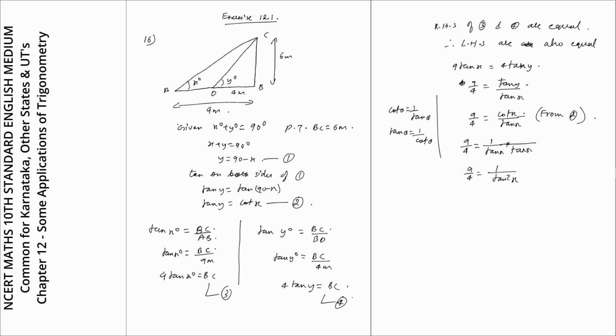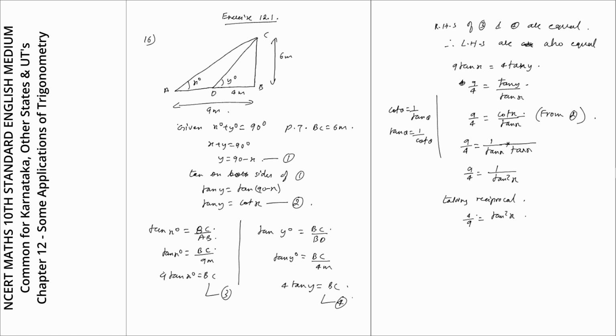Now if I take reciprocal, I will get 4 by 9 is equal to tan square x. Taking reciprocal means bringing the numerator to the denominator and the denominator to the numerator. Both sides I should do, left hand side and right hand side. So 4 by 9 is equal to tan square x. Now on the right hand side, the power of 2 is there.